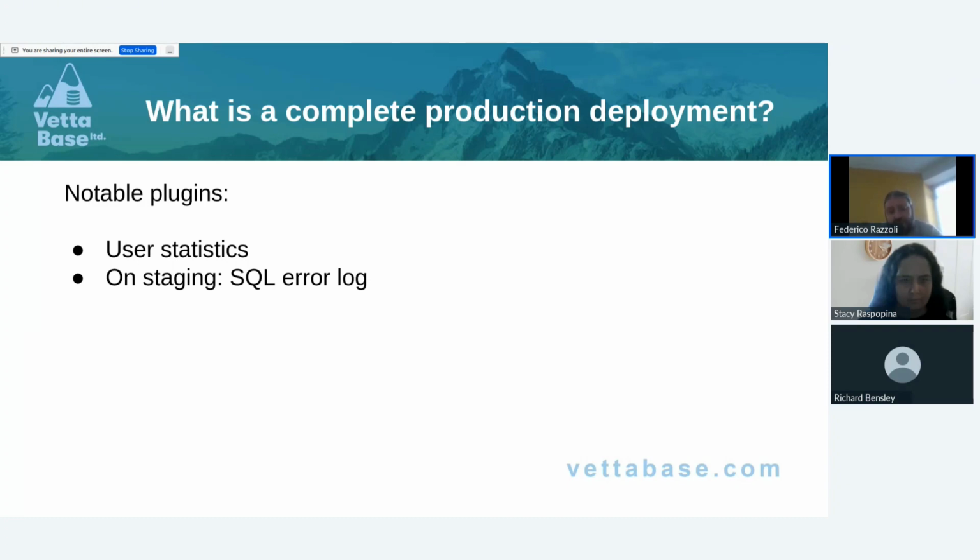On staging environment, you can also find the SQL error log useful. It's not the normal MariaDB error log, it's just the log where SQL errors are logged. Of course, if you enable it, you should make it visible for the developers somehow, because it's mainly useful for them.